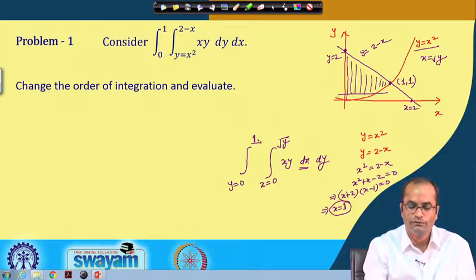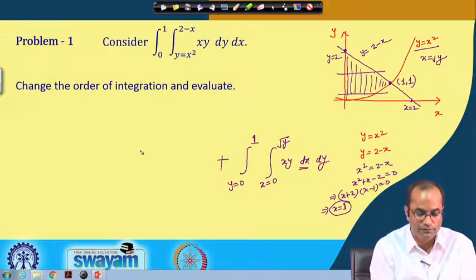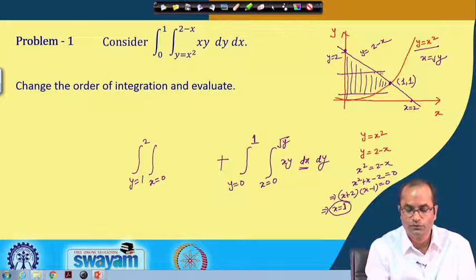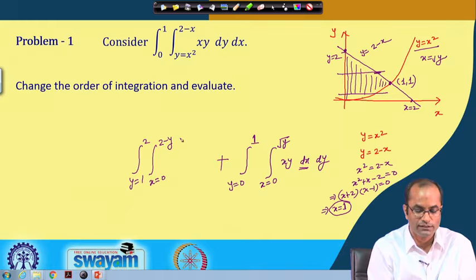Up to this point we have this, and then we will have one more part, because when y goes from 1 to 2, the limits of x will be from 0 to this line. That means, we will have another part where y goes from 1 to 2, and the limits of x will be from 0 to, but now it exits from the line, that means x is 2 minus y, and the integrand dx dy.